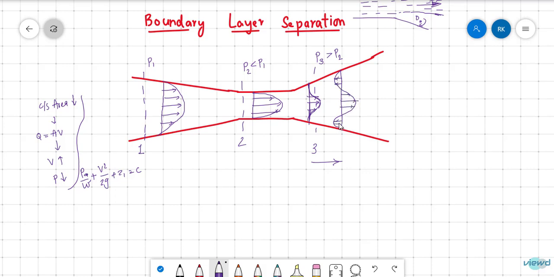So this is the boundary layer separation. The boundary layer is changed to this direction in these two places. That is called boundary layer separation.